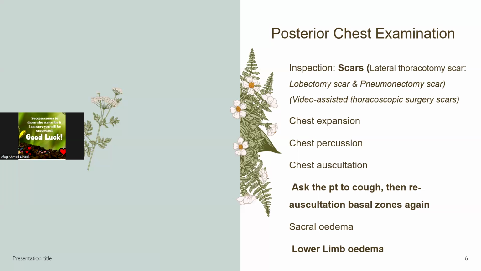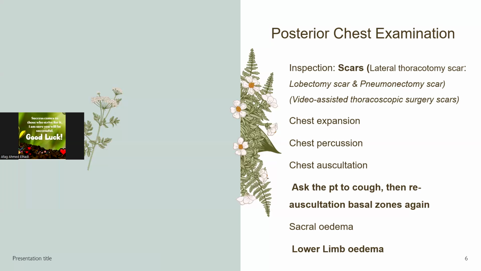We ask the patient to cough, as I said before, and if they change by coughing, it would be bronchiectasis, and it will be coarse crackles. So bronchiectasis has coarse crackles which are altered by coughing. For interstitial lung disease, fine respiratory crackles, not altered or changed by coughing.